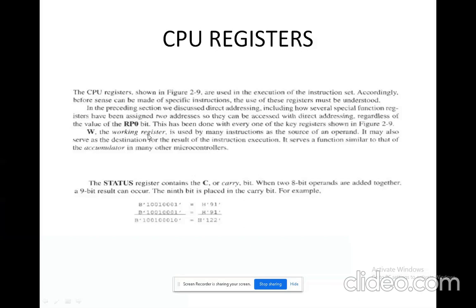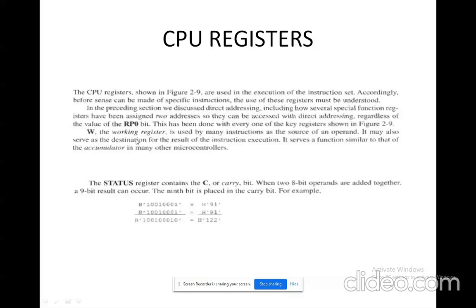Similarly here, the working register will be used for saving the result. So it serves a function similar to that of the accumulator in many other microcontrollers. As I said earlier, the working register is similar to your accumulator in performance.